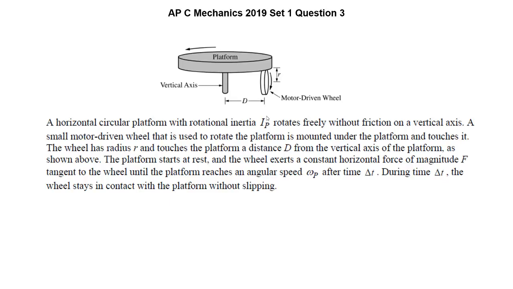And when we have a problem that employs uniform accelerations or uniform angular accelerations, we should be thinking kinematic equations. So they kind of gave you that little hint there by telling you it was a constant horizontal force. The other thing that's important to pick up is that during time delta t, the wheel stays in contact without slipping. So this is a perfect contact without slipping. This is, of course, how it can exert a constant horizontal force.